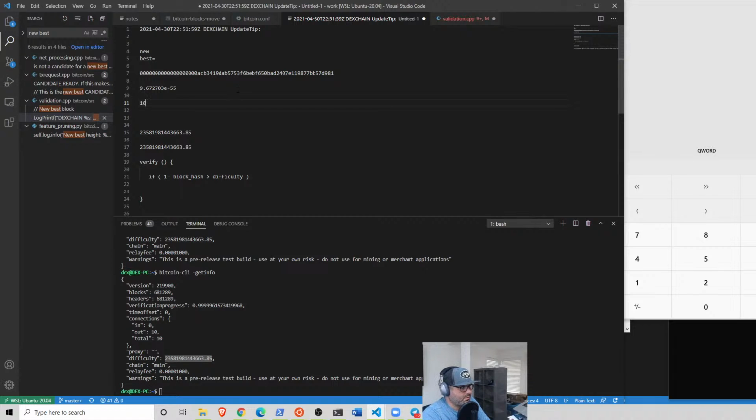So 10 to the negative 155, so 1 divided by 10 divided by 1. Let's just say it's 55 zeros. So it's 1 divided by that. So it's a really small number.